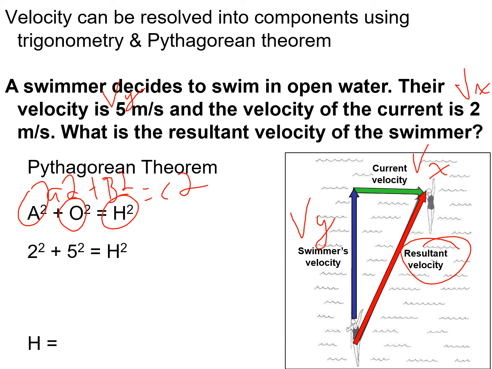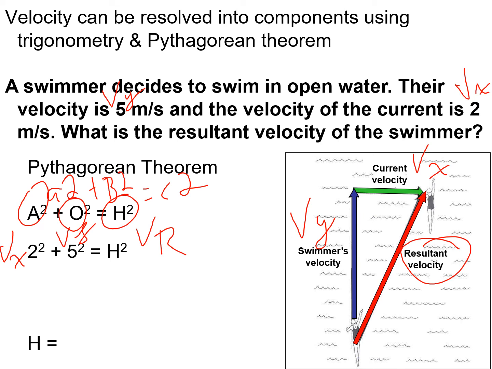So our adjacent was our x component of velocity. This is our y component of velocity. And then this would be, we'll just say VR, okay, for our hypotenuse. So we have 2 squared plus 5 squared. So this is 4 plus 25, because 5 squared is 25.